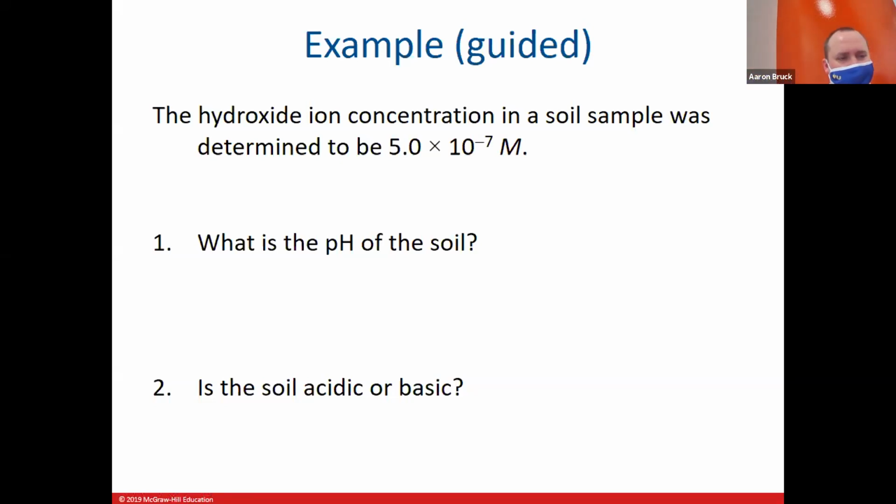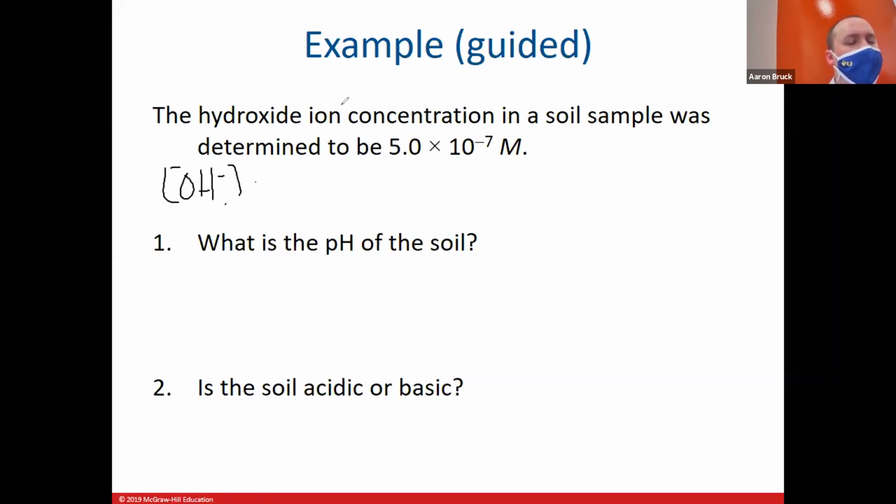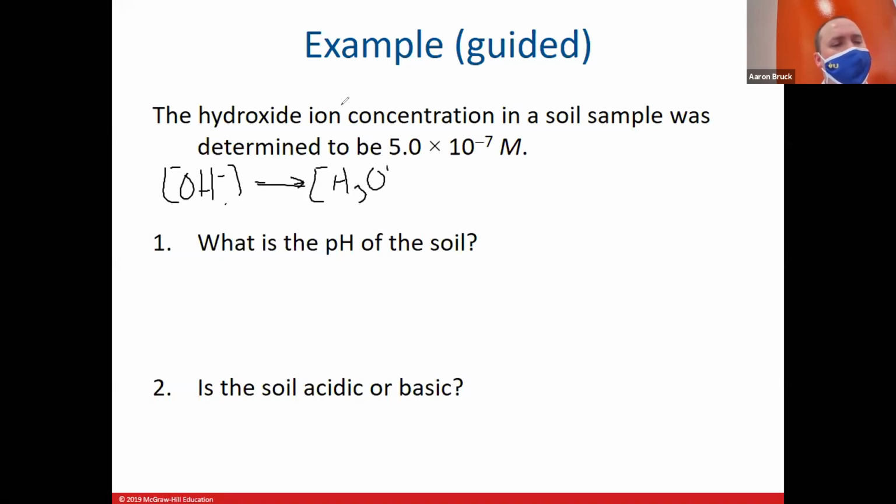One of the approaches would be to turn this hydroxide concentration into a hydronium concentration, and then turn that into a pH. That would be one approach.